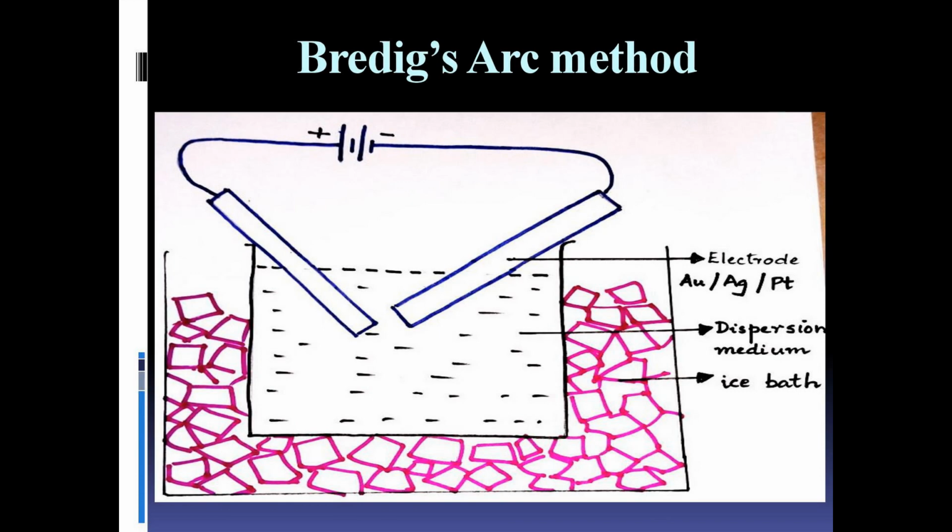Normally, when gold, silver or platinum are put in water, there is no change happening in the metals. It doesn't dissolve. If these metals are made as electrodes, and an electric arc is struck between the metals kept immersed in dispersion medium, that is water, it forms the sol.